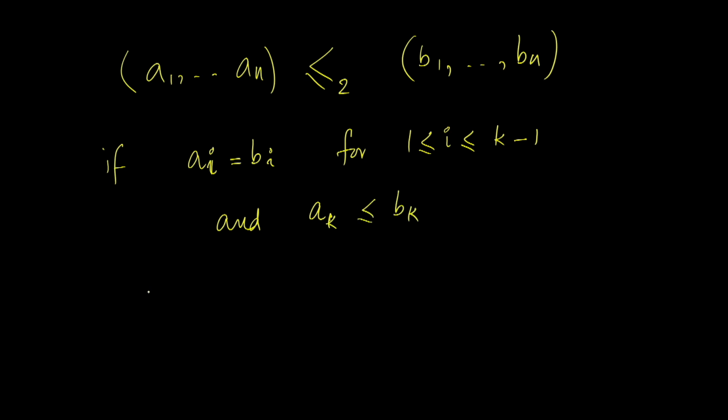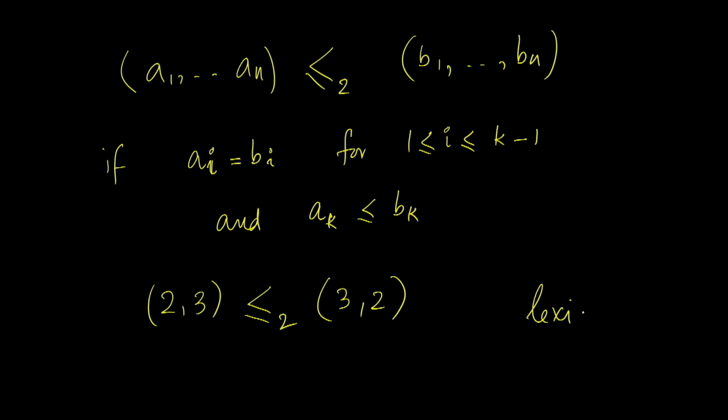So according to this, if you consider ordered pair 2, 3 and ordered pair 3, 2, since 2 is less than or equal to 3 in the first component, we can say that this relation holds between them. 2, 3 comes before 3, 2 in this ordering. So this is lexicographic ordering.